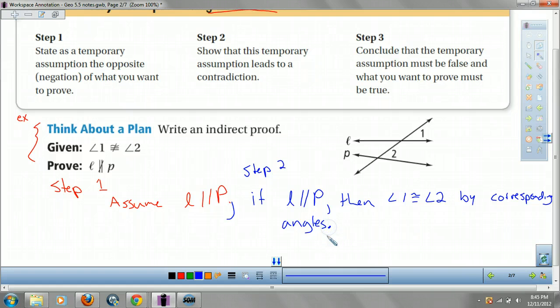Step 3. But angle 1 is not congruent to angle 2. So this is a contradiction.